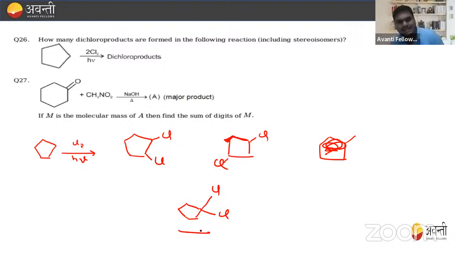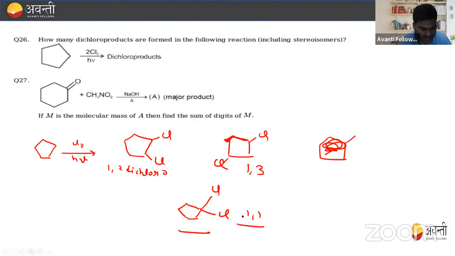Let me write the name of each so that you can understand the differentiation between these. The first name is 1,2-dichloro compound. So it is a cis isomer and it is an enantiomer pair, right? This is also known as 1,3-dichloro, and this is nothing but 1,1-dichloro.